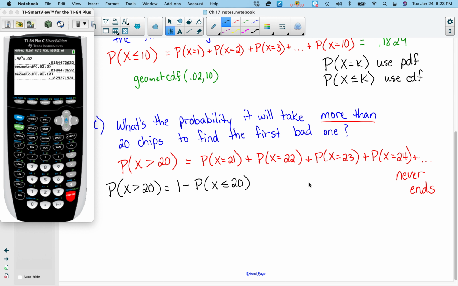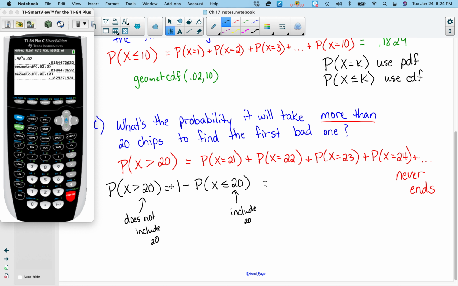Now, you do have to be careful if this right here does not include the 20. So this one has to. All right, so keep that in mind. I'll show you another example in a minute.